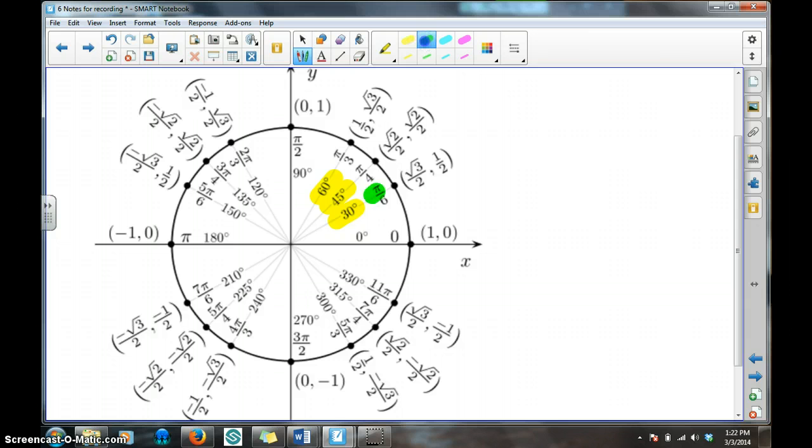I've then identified that same angle's radian value, and then I've told you the coordinates of the point that land on the unit circle. That means the cosine of 30 is root 3 over 2.